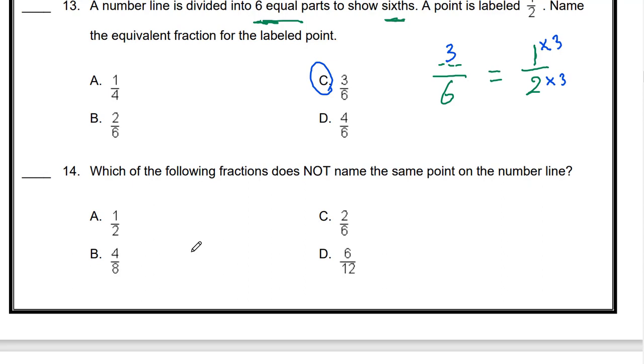Which of the following fractions does not name the same point on the number line in question 9? Okay, so what can we do? How can we do this?